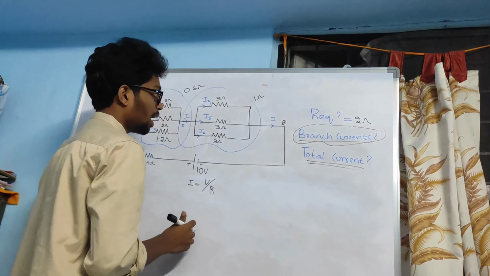We know V equals 10 volts and R equivalent is 2 ohms. So 10 by 2, you will get total current I equal to 5 amperes.